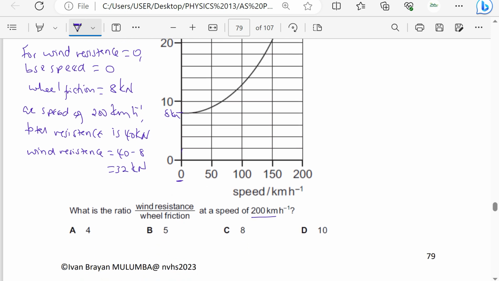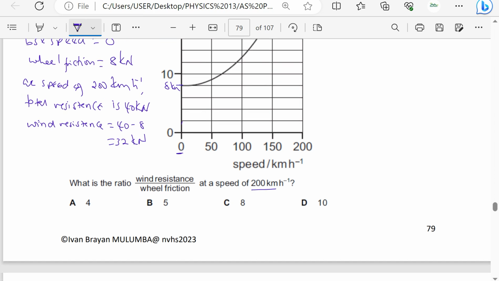We want the ratio of wind resistance over wheel friction. So this ratio is going to be equal to the wind resistance, 32 kilonewtons, over the wheel friction, which remains constant, 8. So the ratio is going to be 4. So the answer is 8.